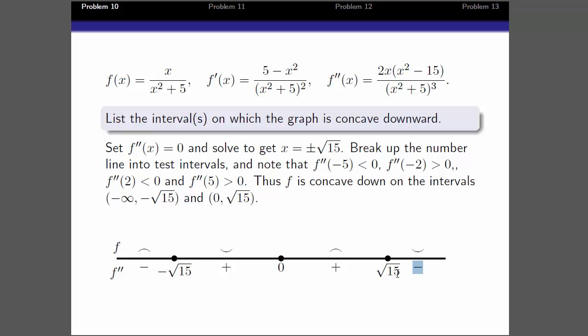I didn't go back and fix those. Okay, so slight error there, but it will be concave down, concave up, concave down, concave up. Yeah, over here the things are right. I just didn't get the signs right down bottom. So the intervals where it's concave down are from negative infinity to negative root 15, and from 0 to root 15.